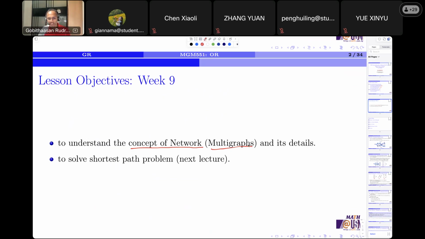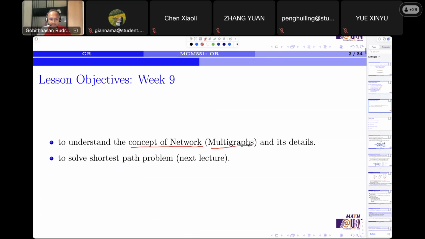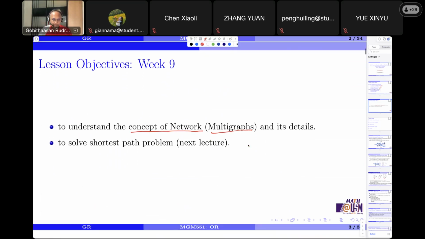So today is just about getting used to a network or a multigraph, and to follow along and try some simple exercises so that you understand fully, in such a way that you would be able to follow along for the rest of the class.